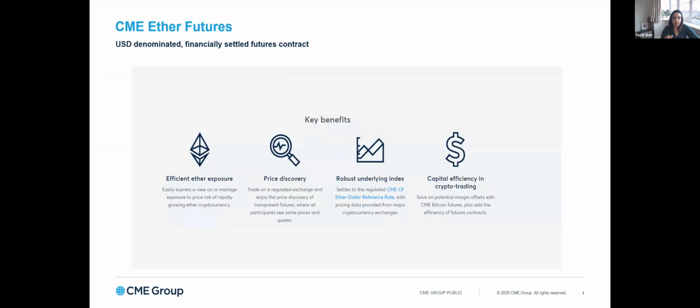For each sample, the volume-weighted median price is taken, and then the straight line average of those 12 samples is calculated to give the daily Ether price. I'd say we really did our homework with the Ether reference rate, and that's really what made launching the futures around it that little bit easier.